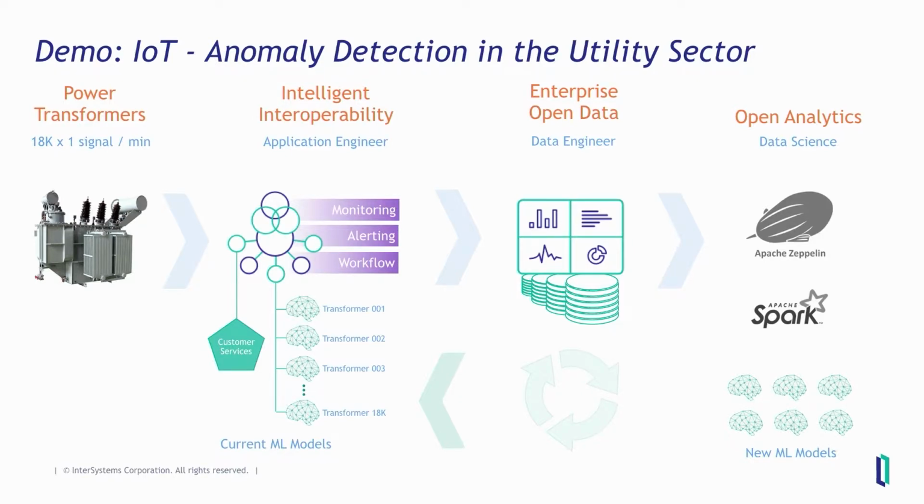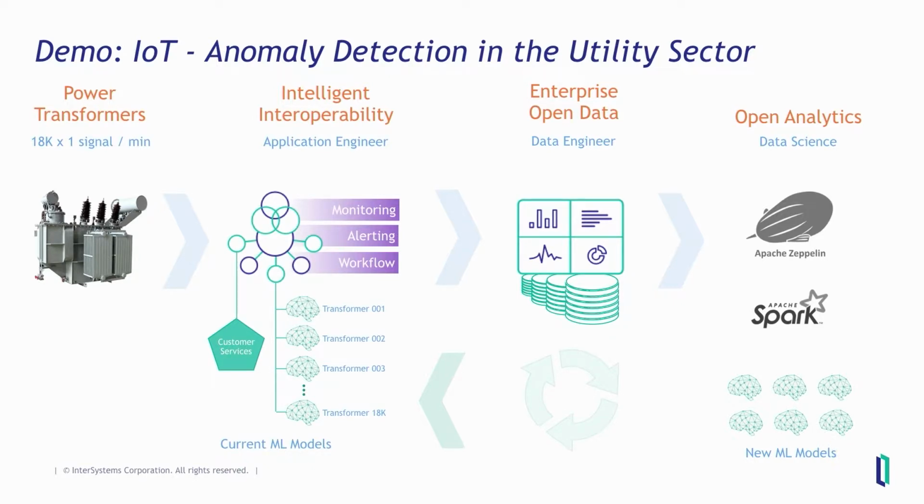IRIS will look at the signal and realize, oh, this is transformer 001. So I will pick the PMML model 001 and pass the signal through it and see if there is an anomaly or not. If there is an anomaly, I will start alerting and starting workflows so people will act before these things go wrong.